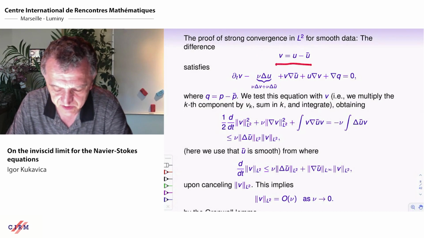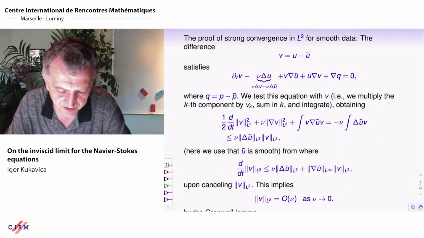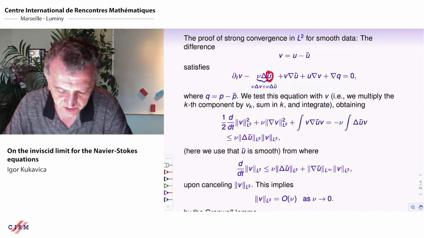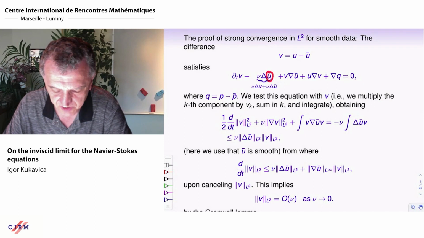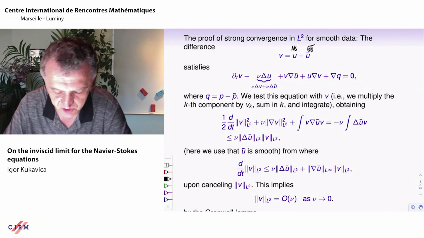We write the difference of two solutions, v equals u minus u bar, and then the difference satisfies this equation. So clearly, it's a problem. We have u here, because u is the Navier-Stokes solution, and u bar will always denote the Euler solution.